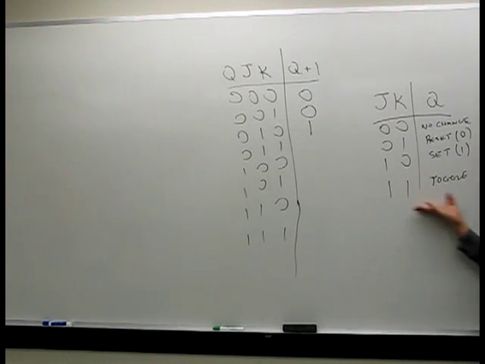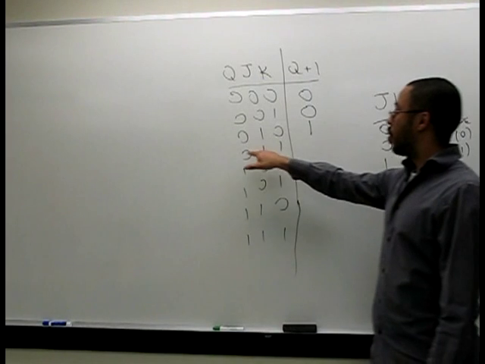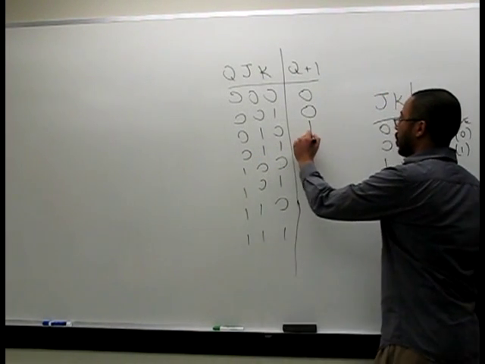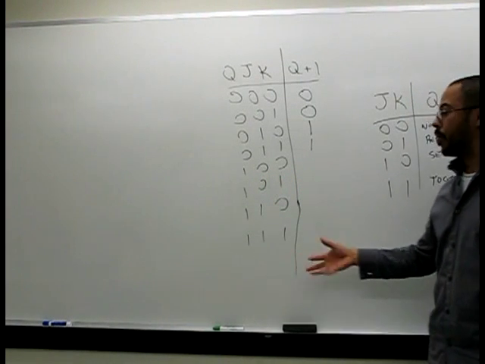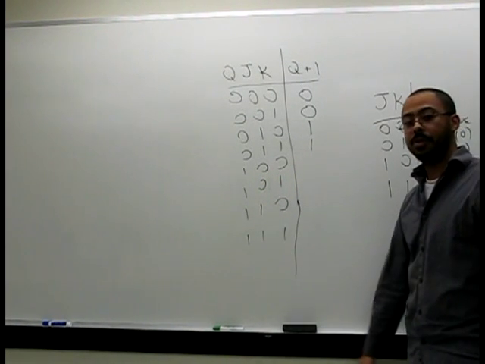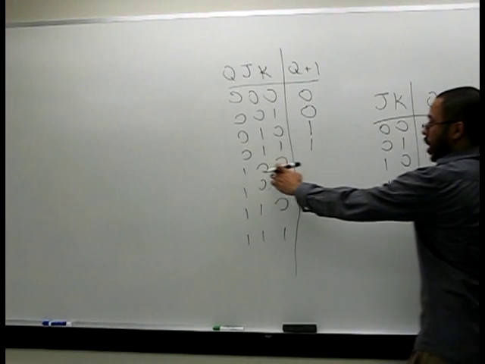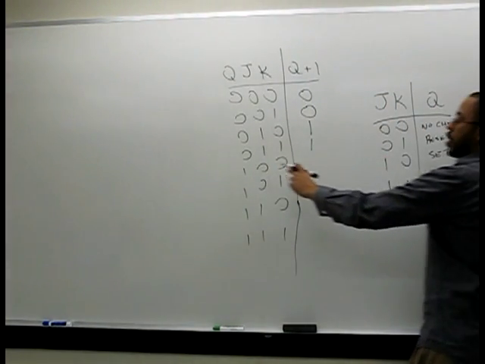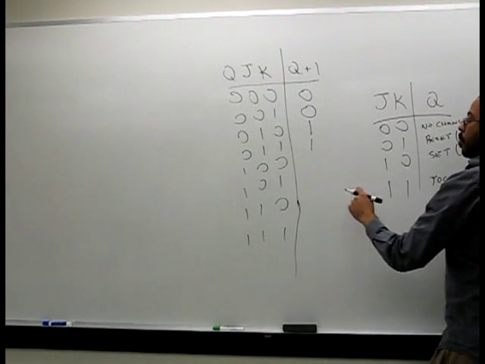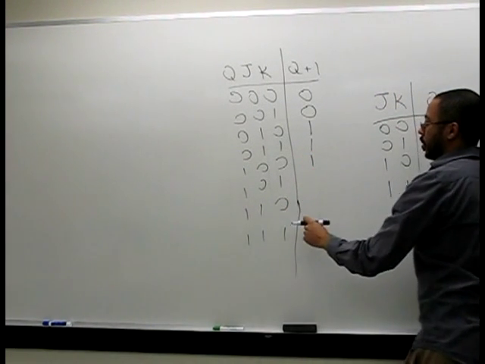It is in toggle mode. Therefore, it was a 0, it will become a 1. And we just continue that all the way through. I'll do one more and then I'm just going to fill in the rest. J is 0, K is 0. It's in a no change state. Q was 1. It will stay a 1.